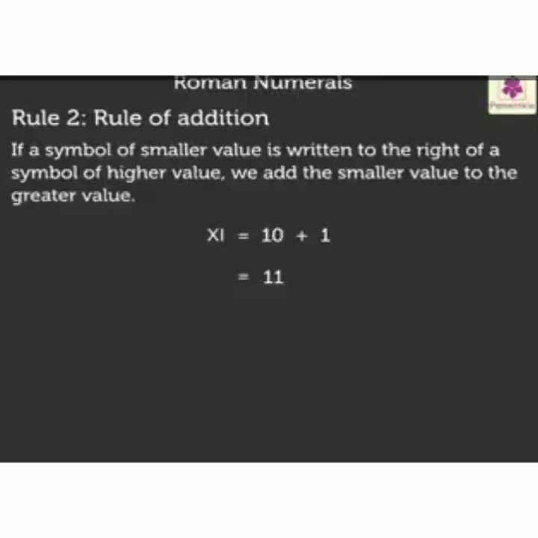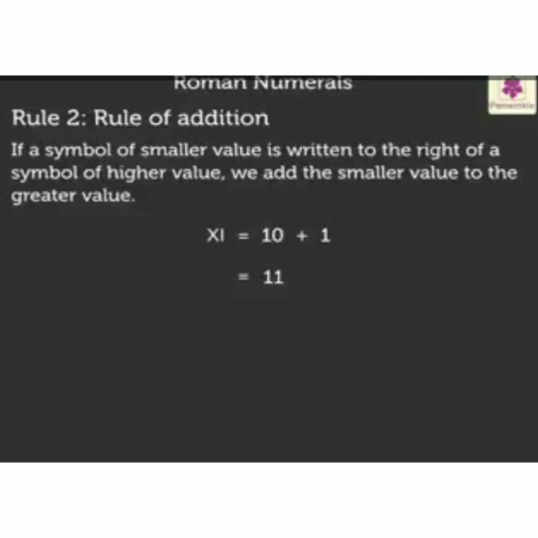Rule of addition. If a symbol of smaller value is written to the right of a symbol of higher value, we add the smaller value to the greater value. What is the smaller value here?